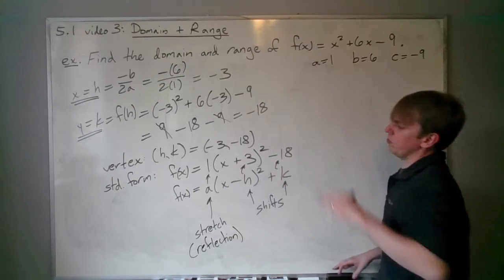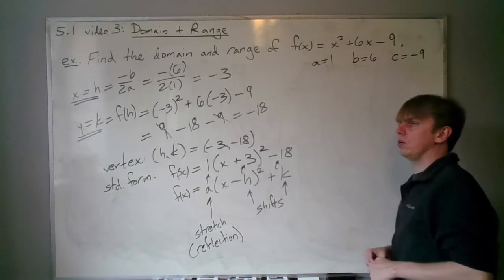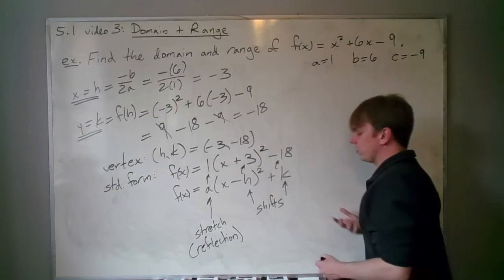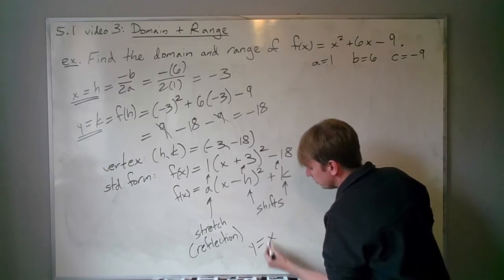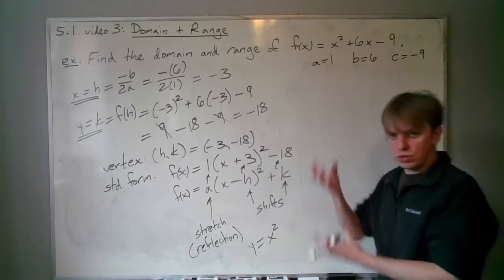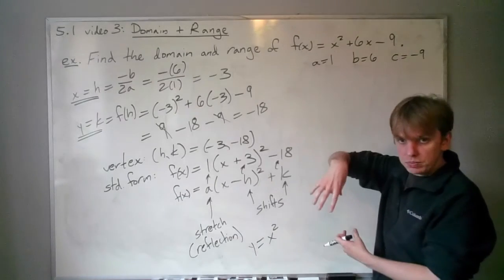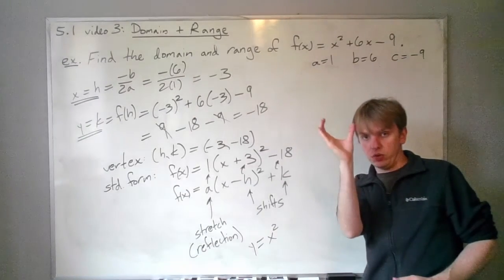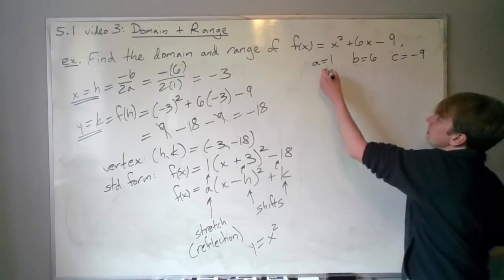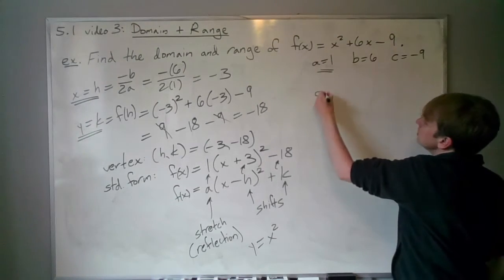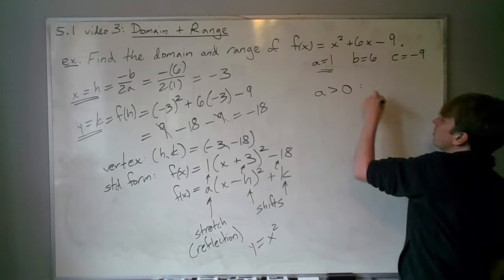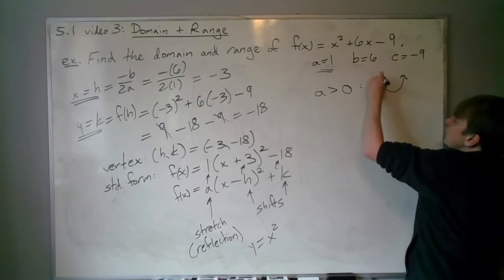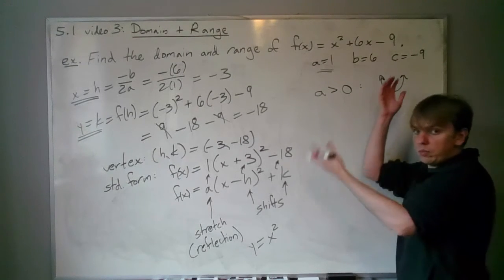Okay, so let's think about that for a second. If a is a positive number, then from my parent function, y equals x squared, I will stretch it out perhaps, but I'm not flipping it upside down. So if a is positive, it should still be a parabola pointed in the normal direction. So anytime I see a is positive like this, we're going to end up with a shape that looks like a standard parabola with some amount of steepness.